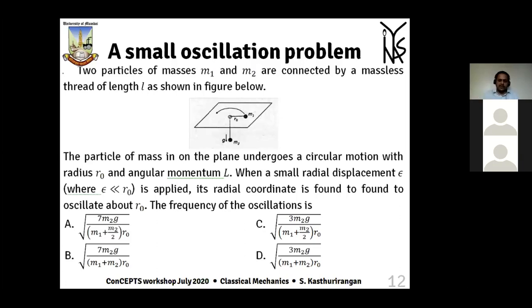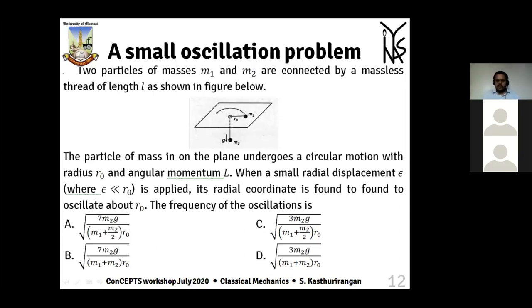So to visualize what is happening, I hope you can see my video in the corner of your screen. This particle is moving around in circles, and you give a slight tug to this one, then basically in the plane this particle is doing this kind of motion, going radially inward and outward, at the same time moving along the circle, and the mass which is suspended will go up and down because the string is inextensible.